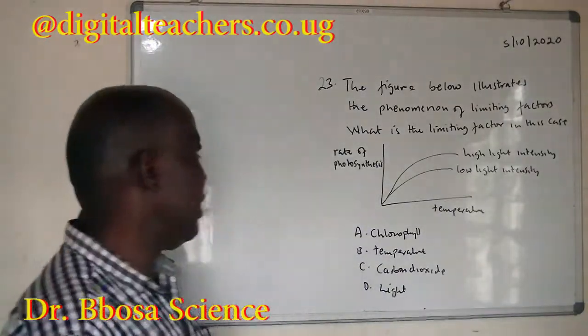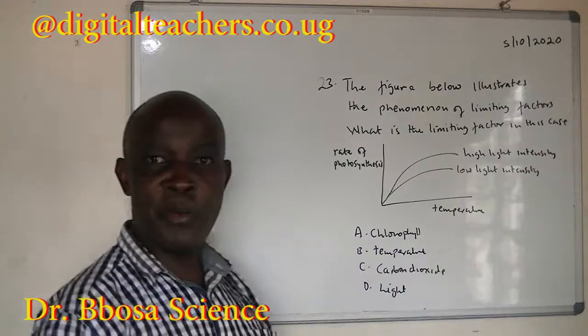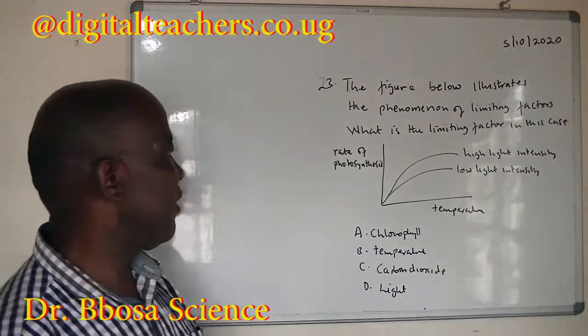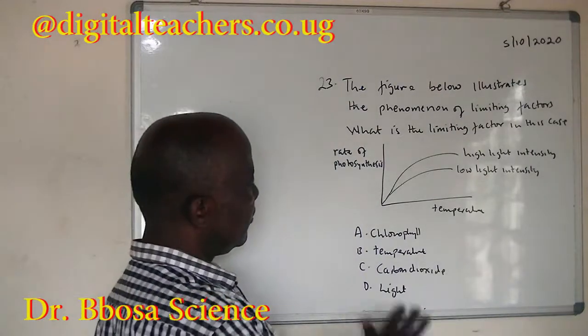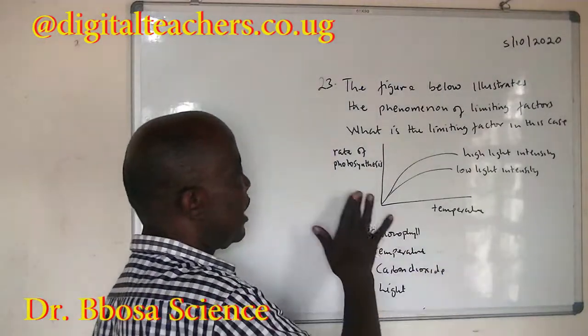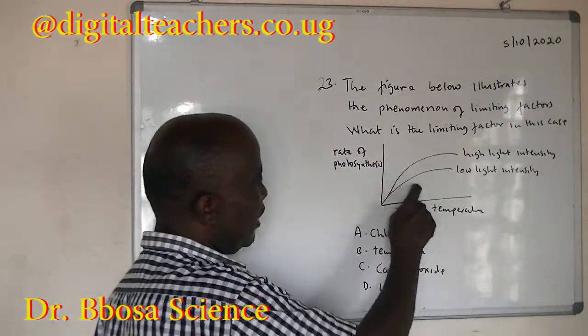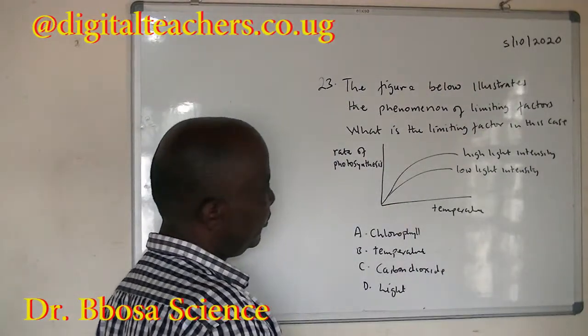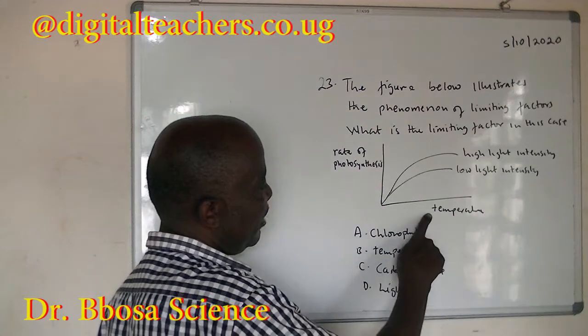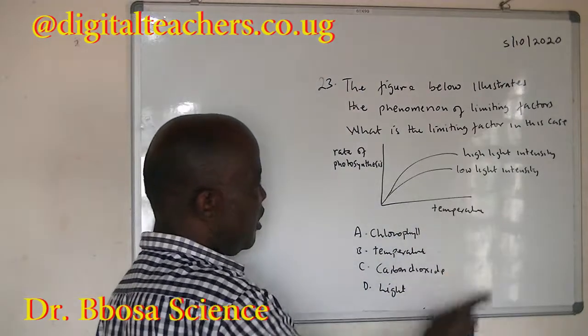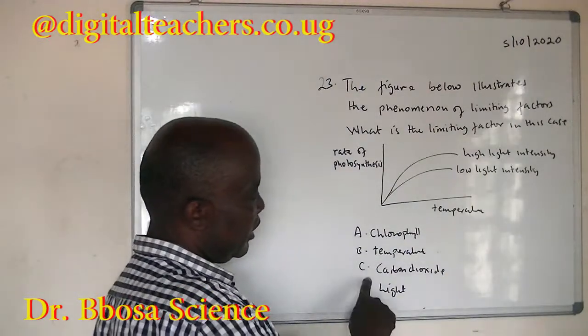23. The figure below illustrates a phenomenon of limiting factor. What is the limiting factor in this case? Increasing temperature and rate of photosynthesis. Chlorophyll is not shown anywhere in the graph. Temperature is not a limiting factor because increasing temperature does not increase the rate of photosynthesis.